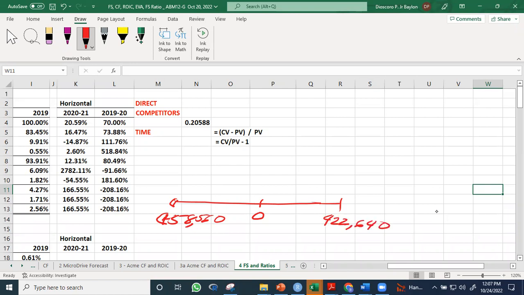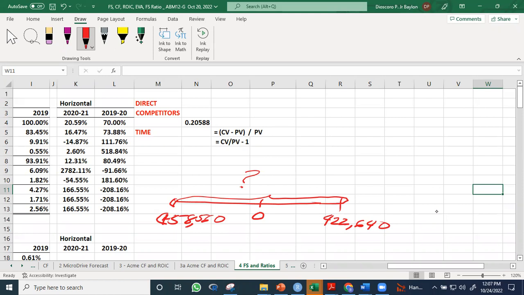Ang tanong, ilang percentage growth to? Kasi nanggaling siya dito sa negative 158,560. Ilan yung tinalon niya? Right, class?